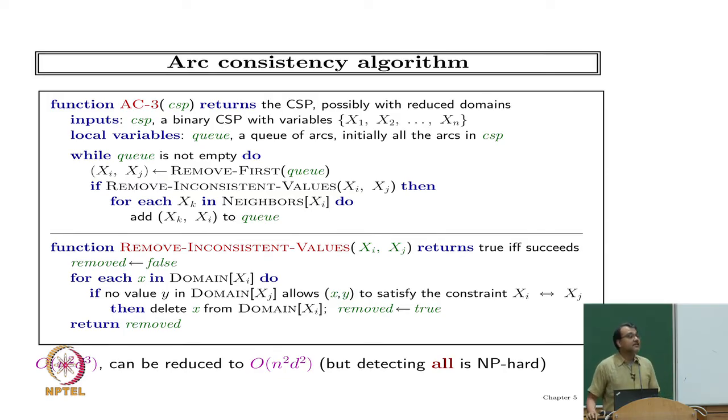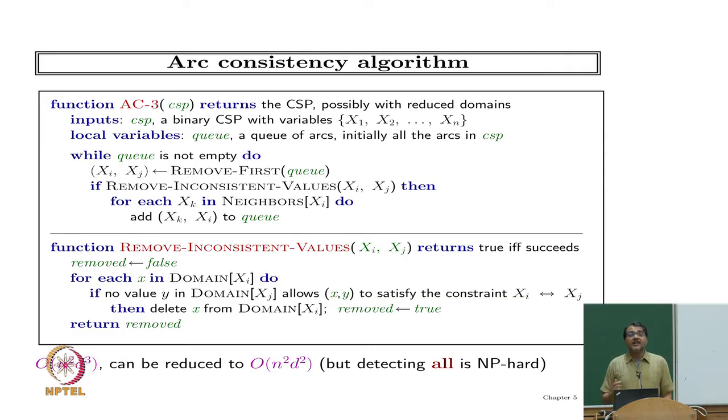This particular algorithm is called the AC3 algorithm, arc consistency version 3, and it takes time. Let us think about how much time it takes. So, each arc consistency check takes d square. Each arc may be invoked d times.